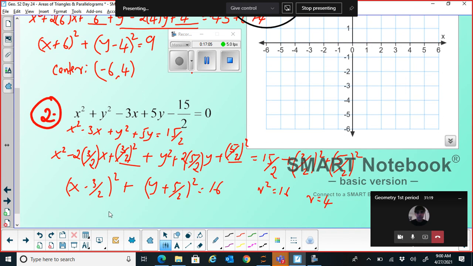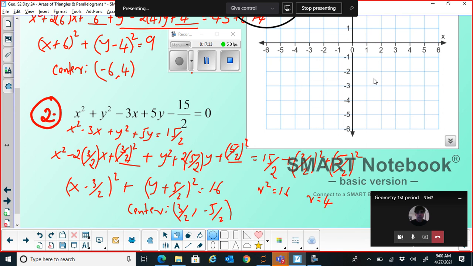So the center here is 3 over 2 comma negative 5 over 2. 3 over 2 is 1.5, 5 over 2 is 2.5. So let's construct that. So 3 over 2, which is nothing but 1.5 here, and negative 2.5.